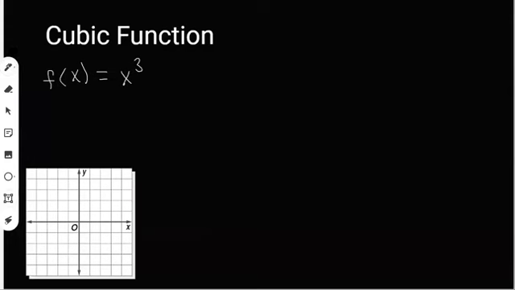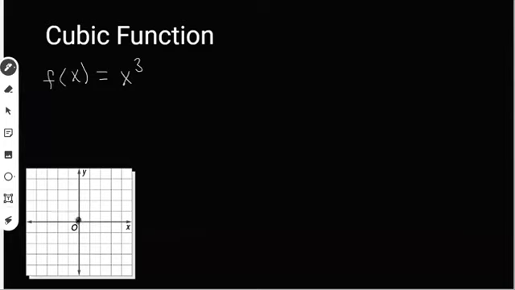Okay, so back on my graph, we're going to have a point at 0, 0, 1, 1, -1, -1, 2, 8, it's all the way up there, -2, -8, it's all the way down there. So let's connect the dots. And then I draw arrows at the ends.